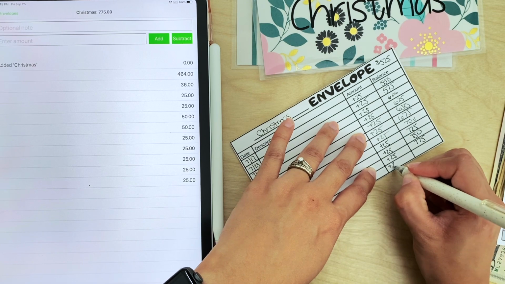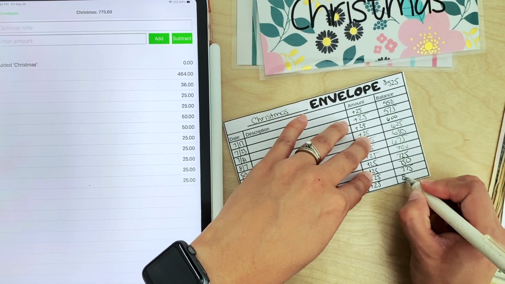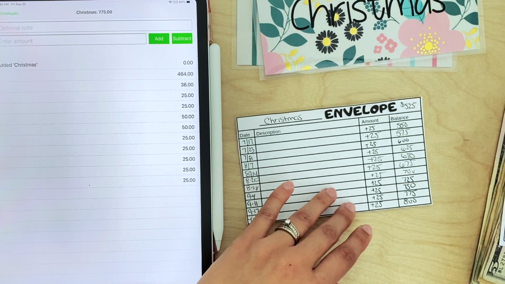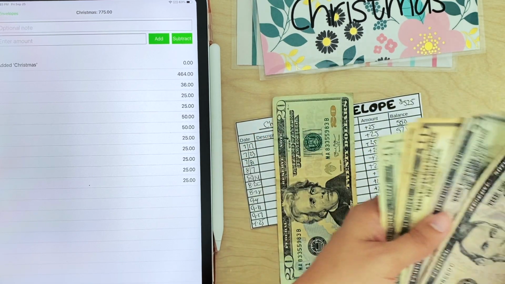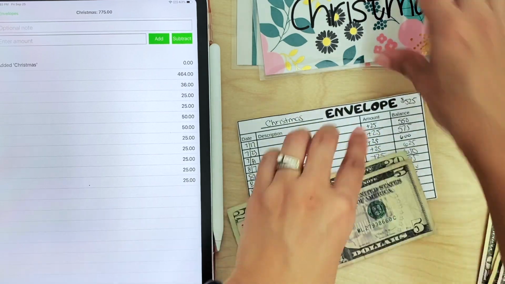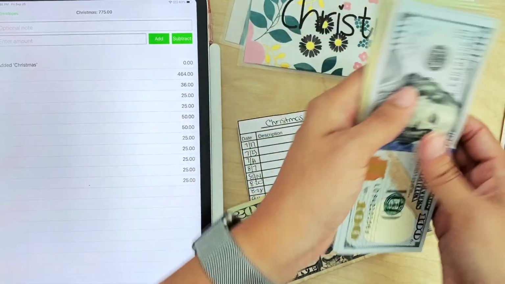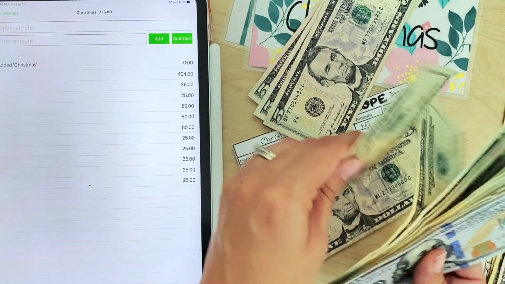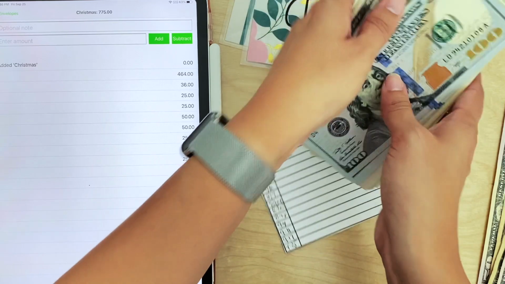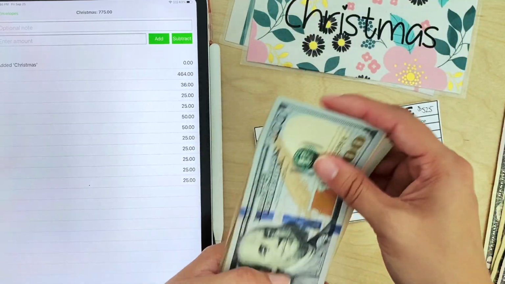So we're adding $25 in here. And this brings us to having $800 in our Christmas fund. Just going to organize this nicely, and we're just going to verify if this is correct.